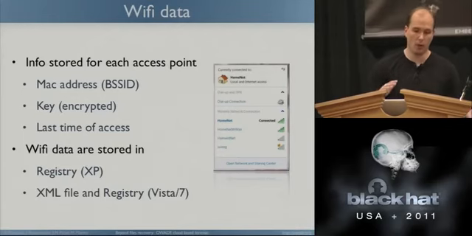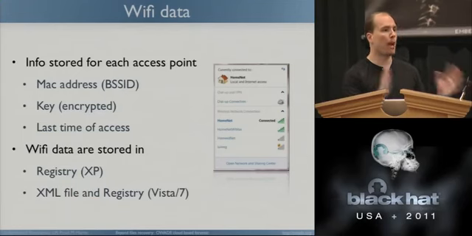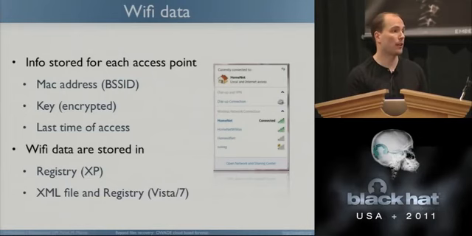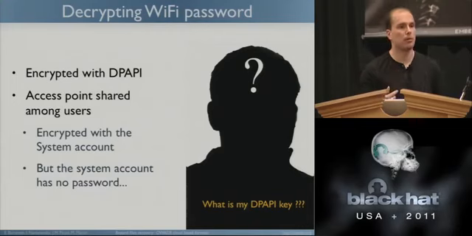In 7, part of it is stored in an XML file and part of it in the registry. And one thing you might notice is that if you have two persons on the same laptop, both of them have access to the full list of all the access points you ever connected to. So it's encrypted with DPAPI, but at the same time, it's accessible by every user.